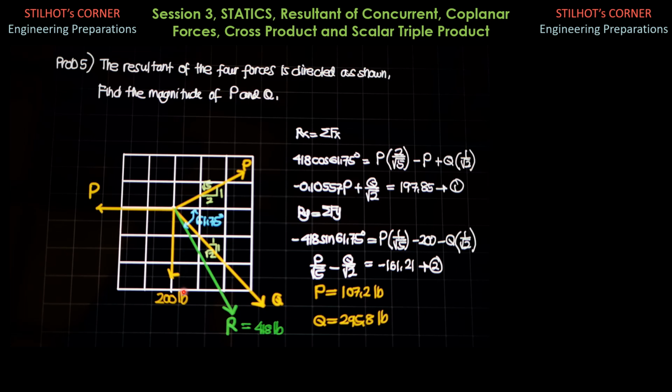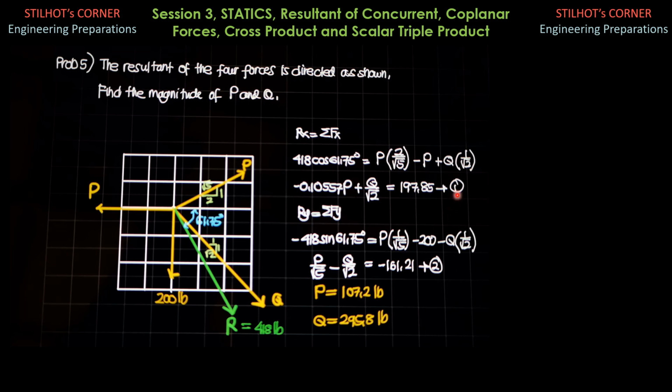Then minus 200. Then minus the y component of Q, which is Q times 1 over square root of 2. Simplifying, we have P over square root of 5 minus Q over square root of 2 equals negative 161.21, where negative 161.21 is 200 minus 418 sine of 61.75 degrees.